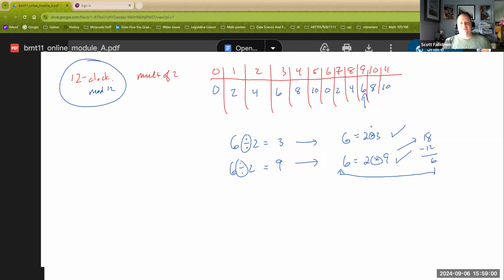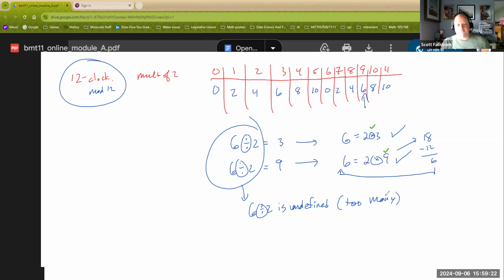Well, we've got a serious boondoggle here because now we have 2 numbers that both appear to work fine. So that means that this problem has too many solutions. So 6 divided by 2 is undefined because it has too many.